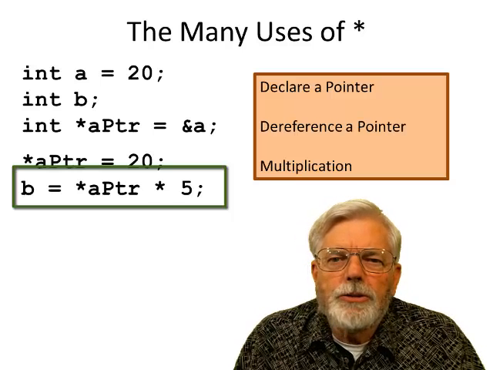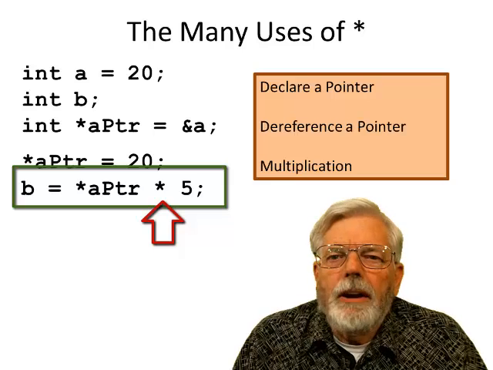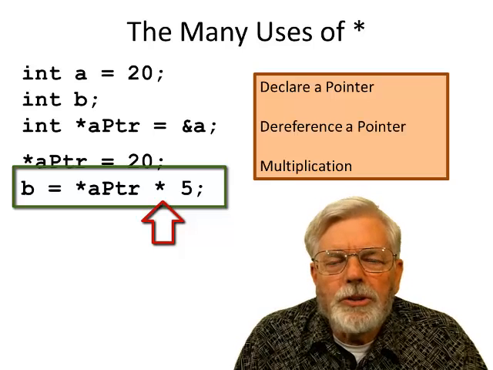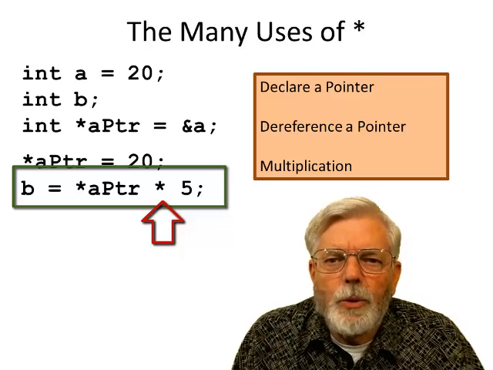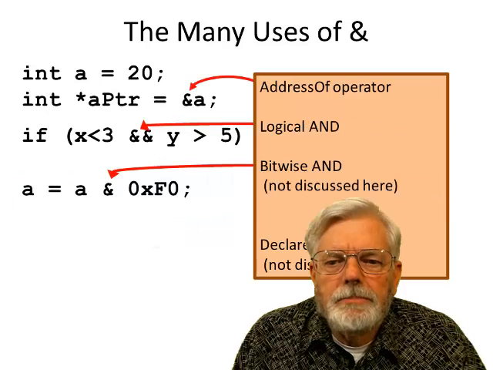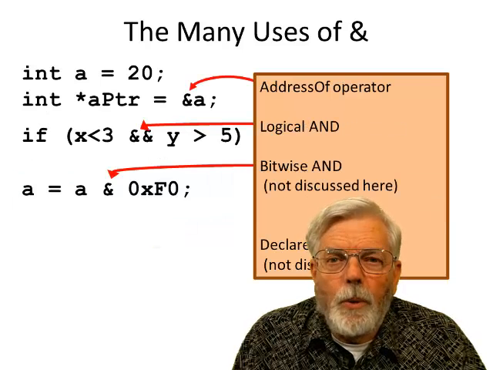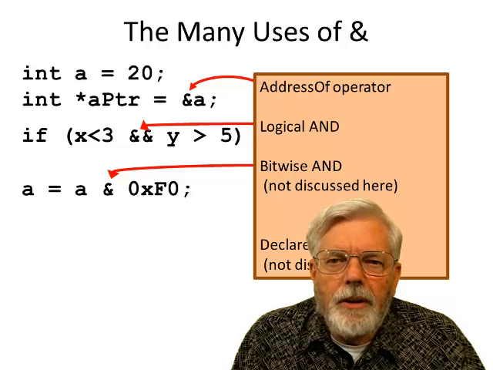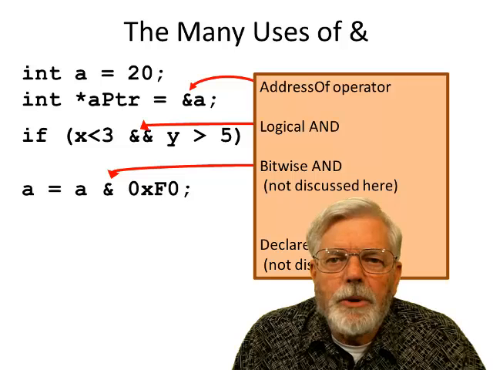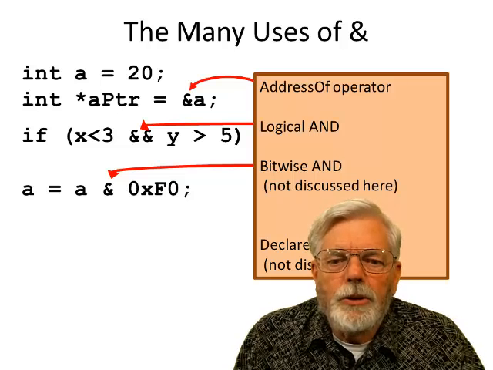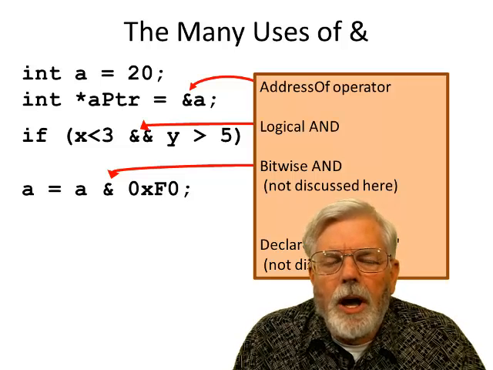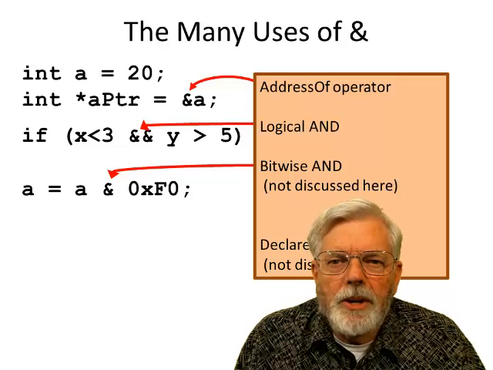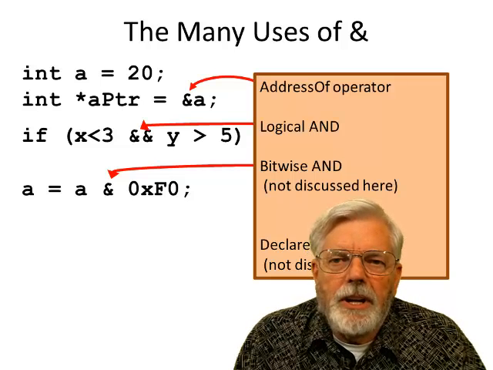I can also use the star for multiplication, so it depends on where that star is used as to what its meaning is going to be. There's also several different uses for the ampersand. The ampersand in front of a variable means the address of the variable. I can also use the ampersand to do a logical AND or a bitwise AND. A bitwise AND has not been covered yet.